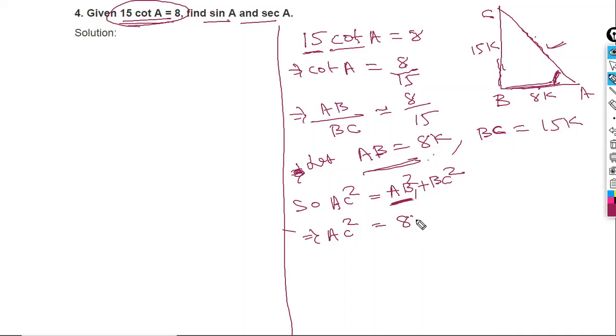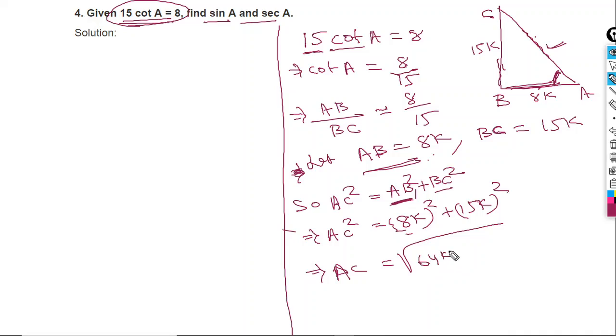So we can write 8K square plus BC is 15K square. Implies AC equal to root over of 64K square plus 225K square.